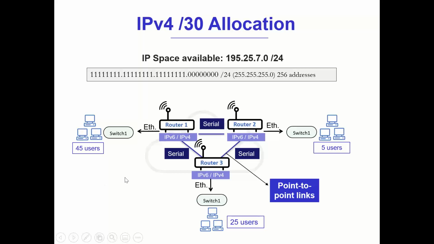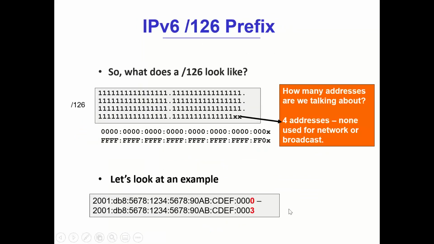So let me end with a couple of things. There's a little controversy about what we end with in terms of point-to-point links. In IPv4, like the links between two routers, a point-to-point link, we used to make that a /30. And in IPv6, there are a number of controversies.